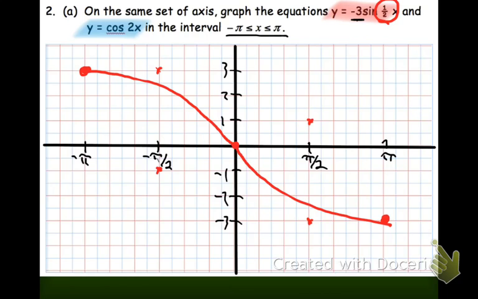For the second part, it's y equals cosine of 2x. So that means it's going to happen twice as fast. Cosine starts at 1. It's going to happen twice as fast, so I need it to happen 2 times over the cycle. So instead of being at 0 here, I'm actually going to be all the way down at negative 1. And then I'm going to be all the way back up at 1 here. So it'd be something like this.